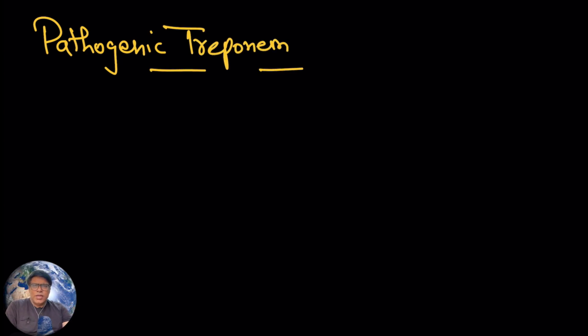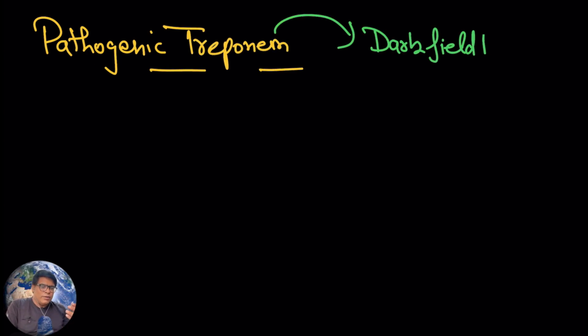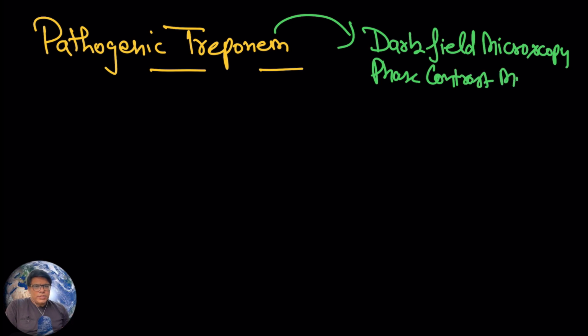Now here if you see this bacteria, the pathogenic Treponema pallidum can be visualized only with the help of special type of microscopy, dark field microscopy, or you can use phase contrast microscopy.